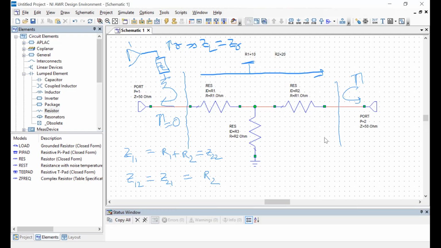Yeah, so can you write it down? I mean, you don't have to compute the full exact thing, but what exactly will we do? Like R1 plus the inverse of 1 by R2 plus 1 by R1 plus 50, something like that.